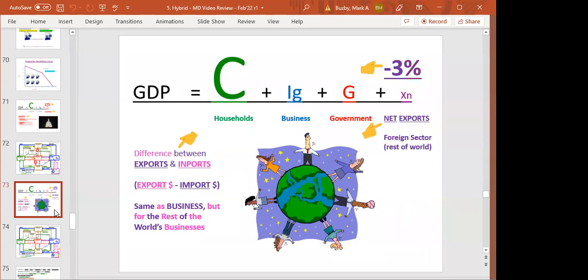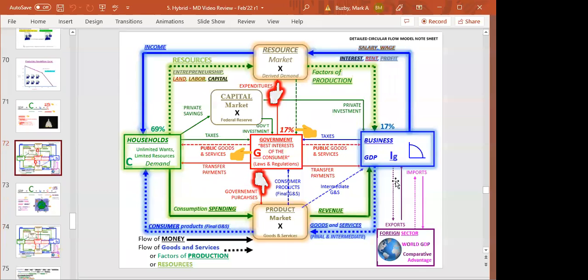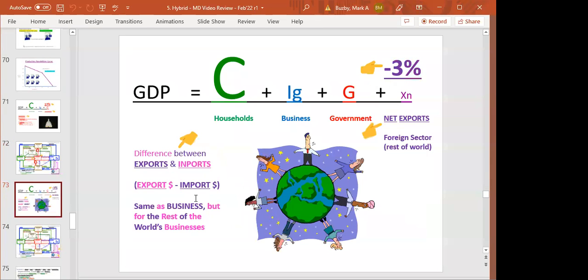Then, of course, we got the rest of the world. Now, we call it net exports because, remember, we've got money coming into the U.S. We have money coming out of the U.S. Net exports is how much is coming out versus how much is coming in. That's where we get this -3. Now, when you do the math, we're looking for the difference. Just remember, E comes before I in the vocabulary.